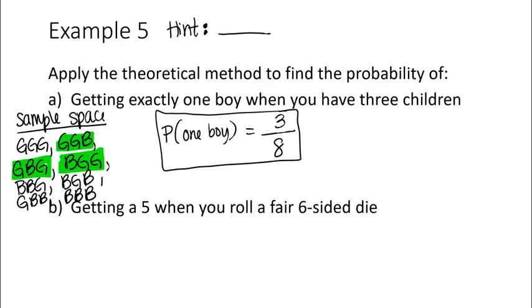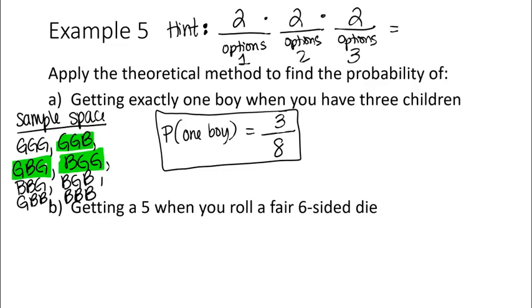What it says is that if I look at my options for the first kid, my options for the second kid, and my options for the third kid, remember the first one had 2 genders, second one had 2 genders, third one had 2 genders. 2 times 2 times 2, there will be 8 total outcomes. So that's a shortcut way that we will actually formalize more in the coming lessons.